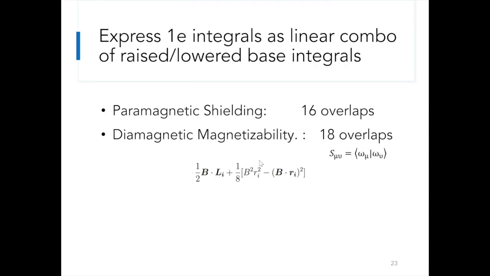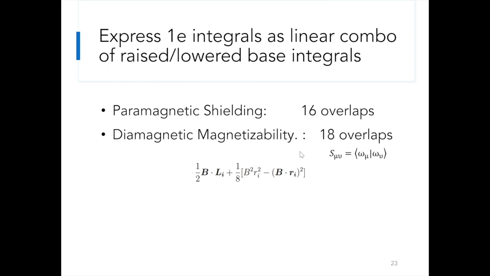A quick side note on how these are actually calculated. These four new terms that we need for nuclear shielding and magnetizabilities are done in a similar way as how you do the kinetic term. In effect, what the operator does on your basis function is it leads to raising and lowering of its momentum.